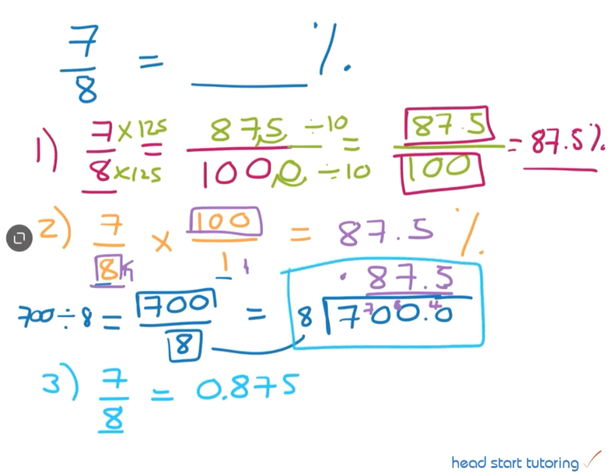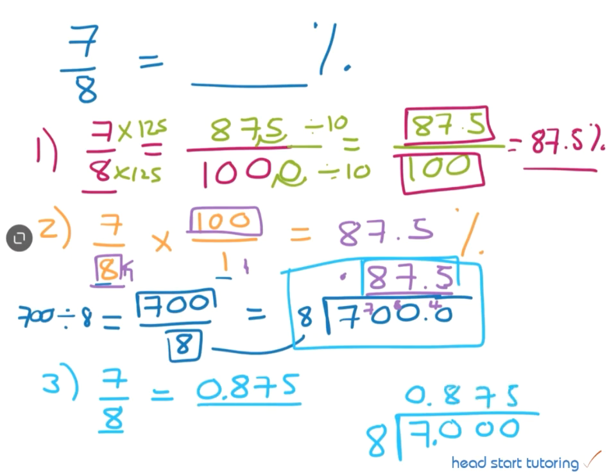So it would look like 7.000 divided by 8, and 8 into 7 goes 0 times, and we would end up with 875 there. So we end up with 0.875 as our decimal.